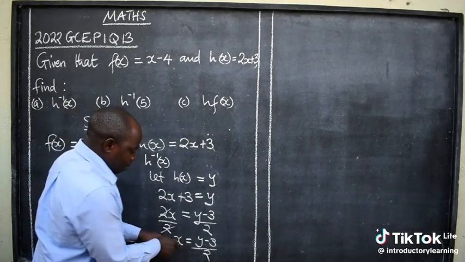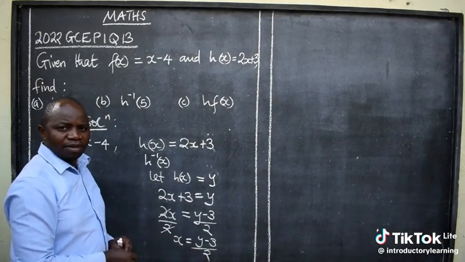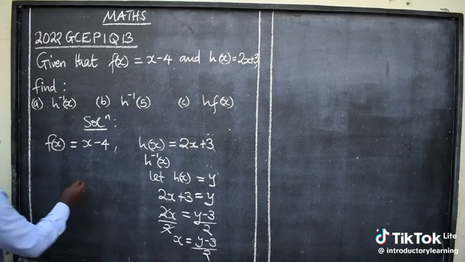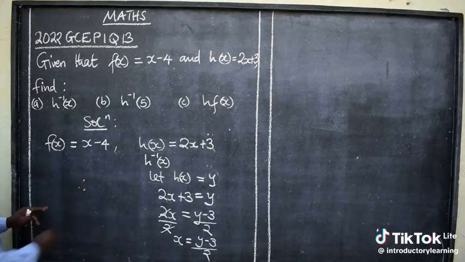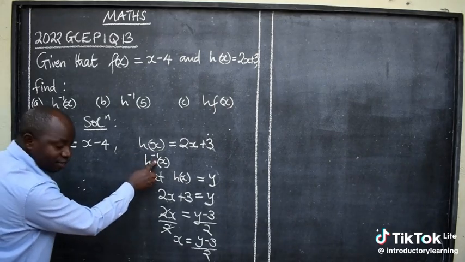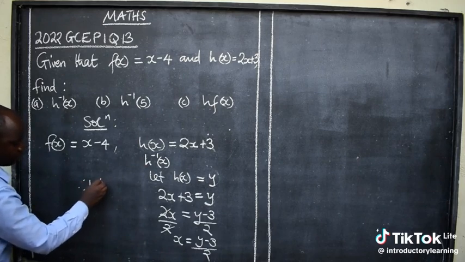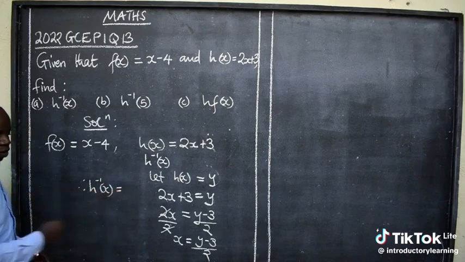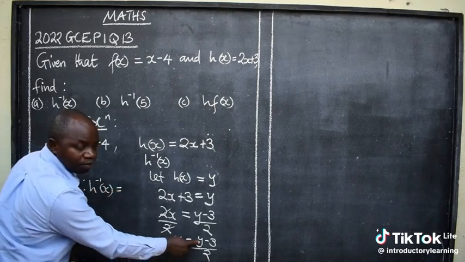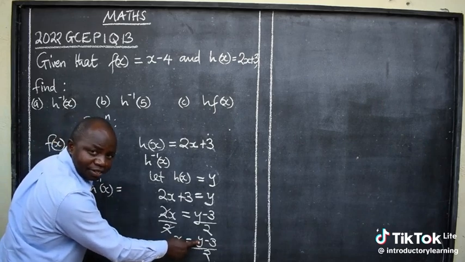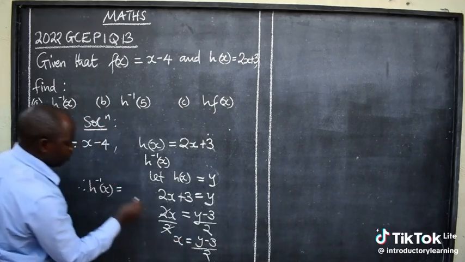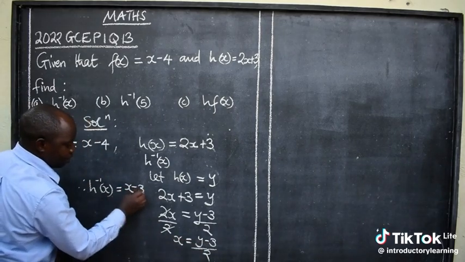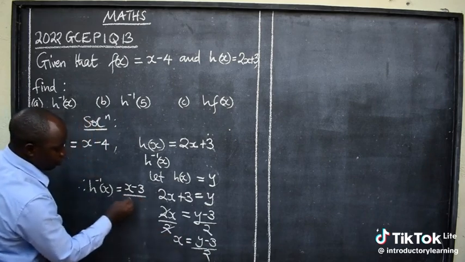Now that you have made x the subject of the formula, you simply say, therefore, the inverse of h of x is equal to, where there is y, substitute with x. So here, you simply say x minus 3 over 2.